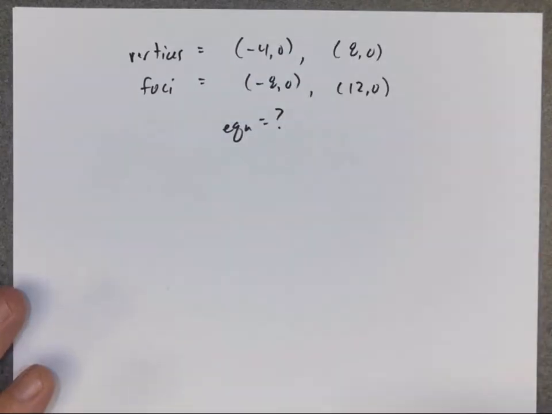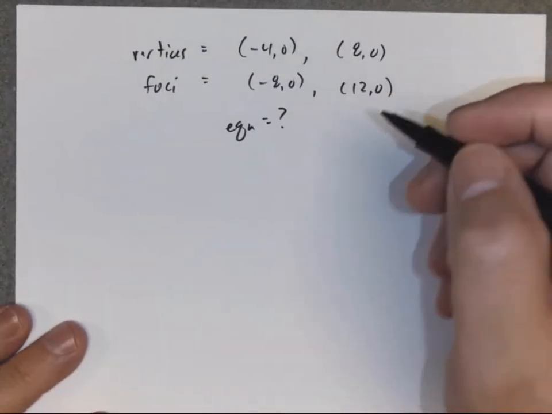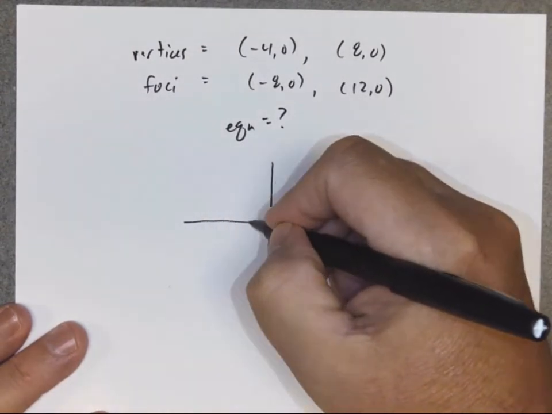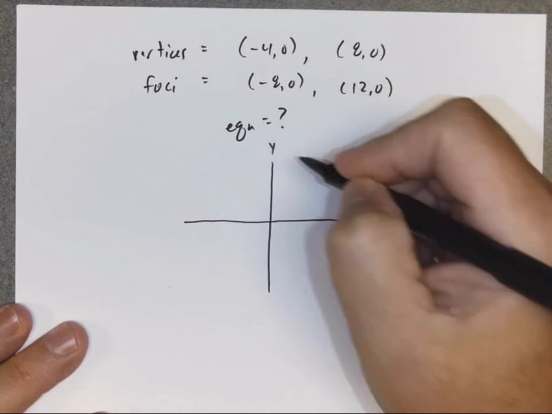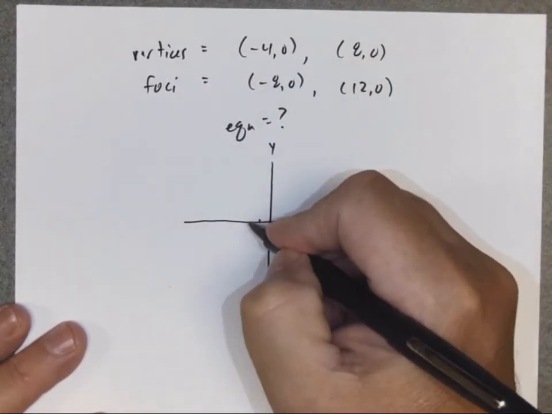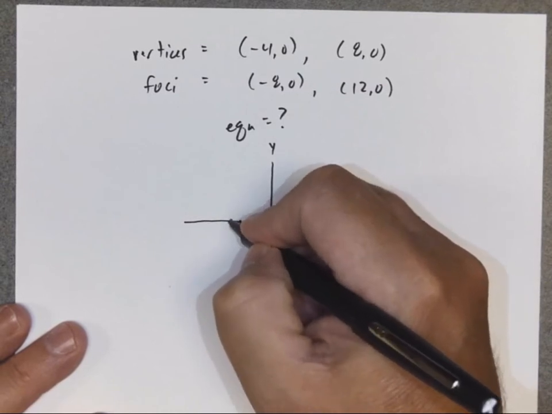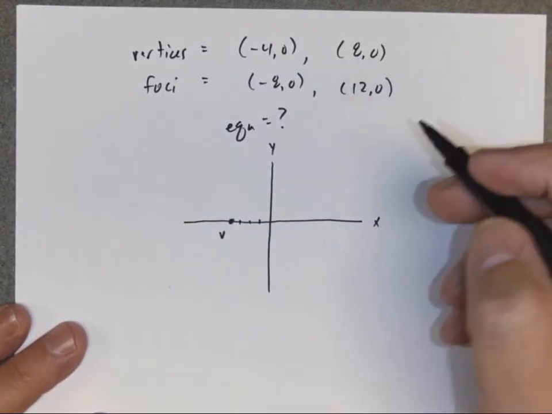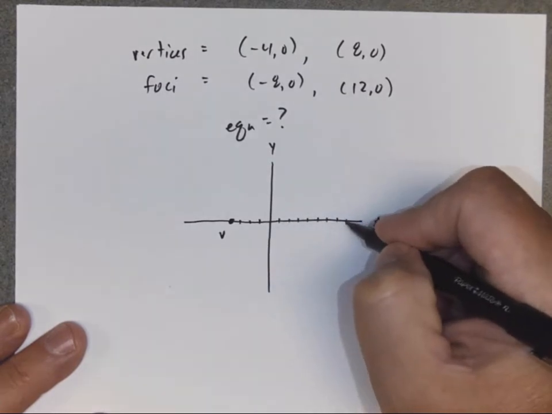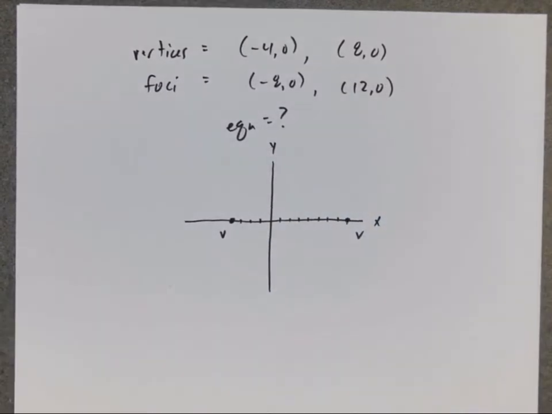The only way to really solve this without making a mistake is to just graph it. You may not have to graph the whole thing, but really to know what's going on, you have to graph it. So the vertices, -4, 0, that's a vertex, and 8, 0. We know the center is going to be halfway in between the vertices.